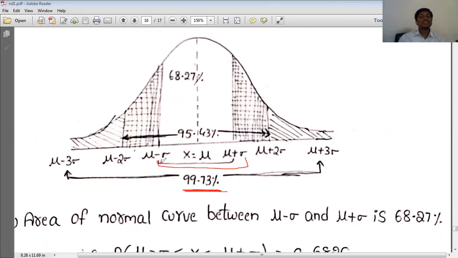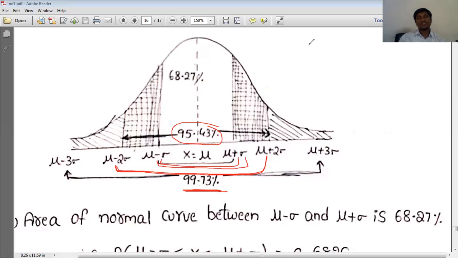For mu minus sigma to mu plus sigma, how much? 68.27%. Suppose mu minus 2 sigma to mu plus 2 sigma. Keep in mind these values also. How much area is occupied? 95.43%. And mu minus 3 sigma to mu plus 3 sigma is 99.73 percent.